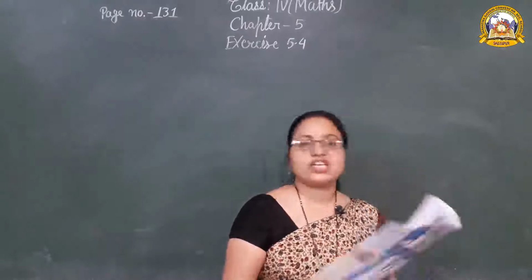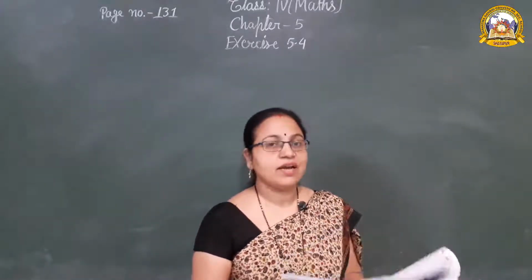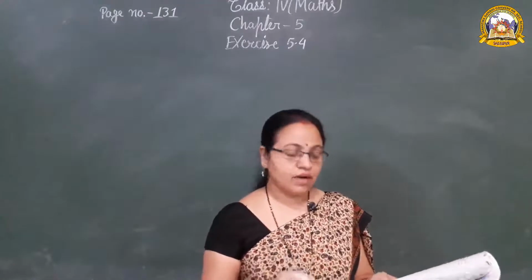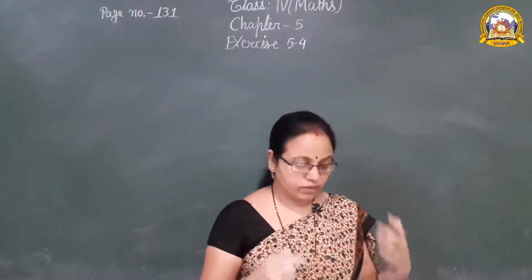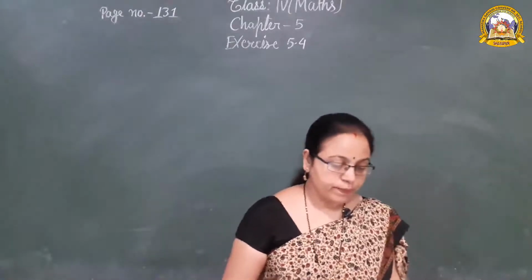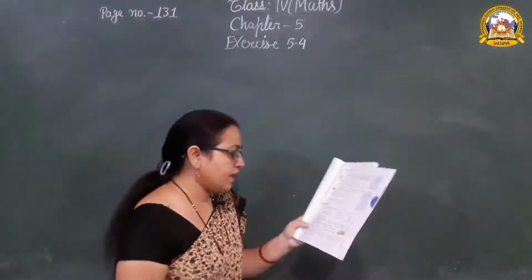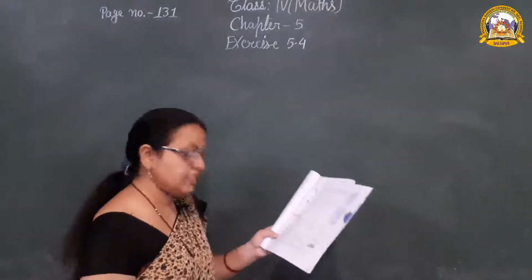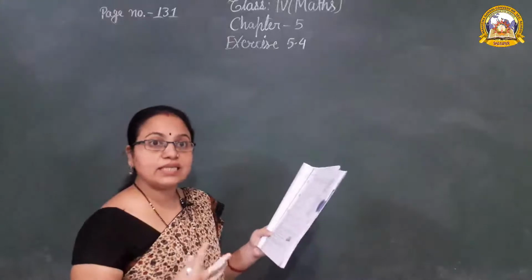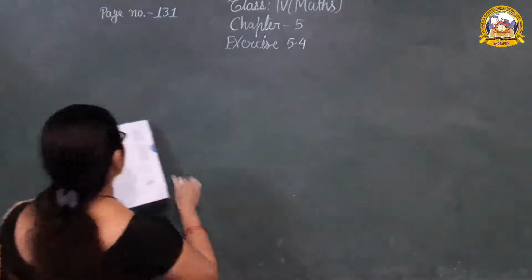This full chapter depends on division, so definitely in this question also we divide, but you have to think about what is being asked. There are 1199 balls in 7 boxes, meaning the total number of balls is 1199.